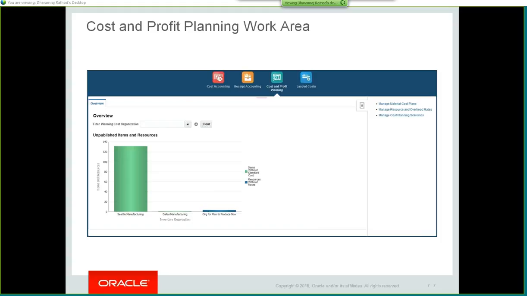Or you may want to publish those standard costs to cost accounting so that whenever you use the standard cost method for certain items and you get those transactions within your inventory, you can use the standard cost, whatever cost you have estimated and published into cost accounting. So you use this UI to estimate it, and tomorrow or day after tomorrow, I'll talk about how you can integrate this cost and profit planning along with your manufacturing.